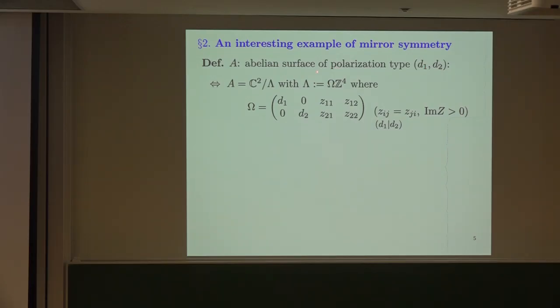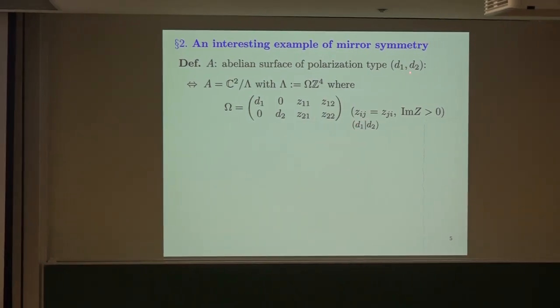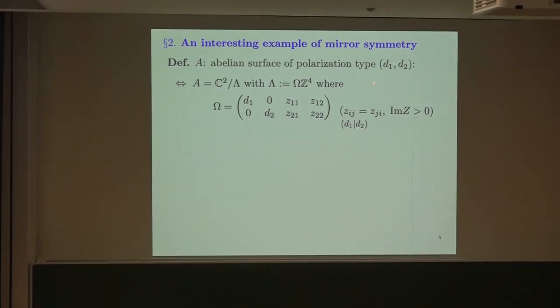So in this case, this time the polarization. The polarization condition is that D1 and D2 are positive integers and this divisibility condition is satisfied. In case 1, it is the principally polarized Jacobian variety, and this part is the period matrix.